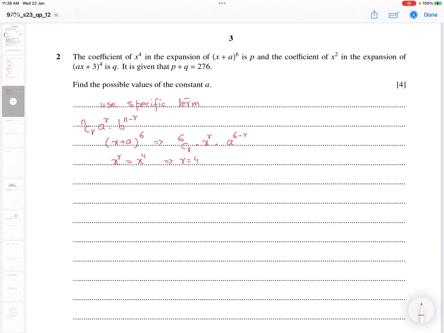Now replace r by 4: 6C4, x power 4, a power 6 minus 4, and this will give you 6C4, x power 4, and a power 2.